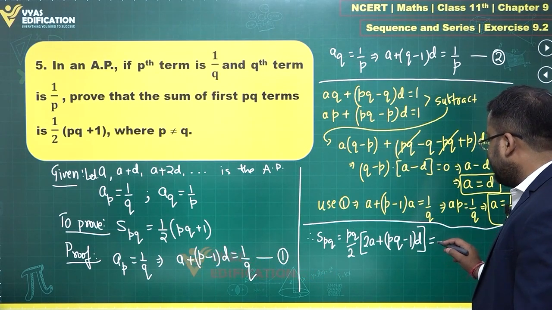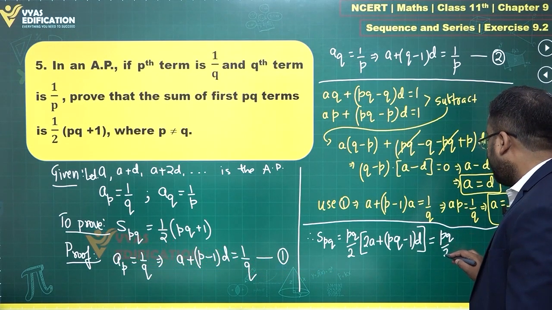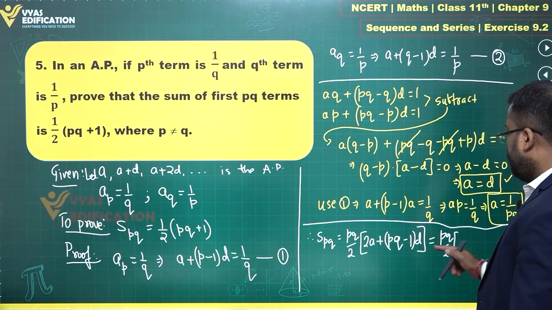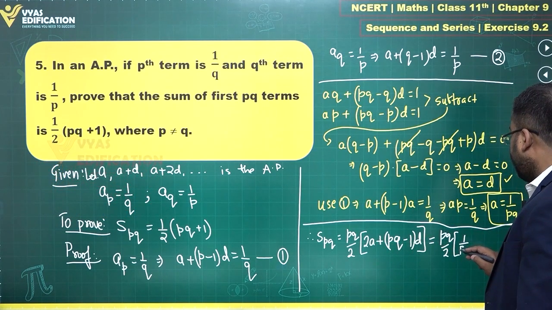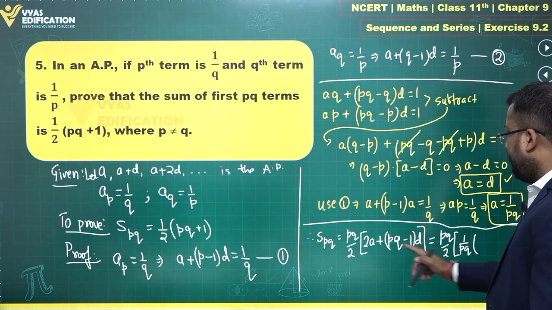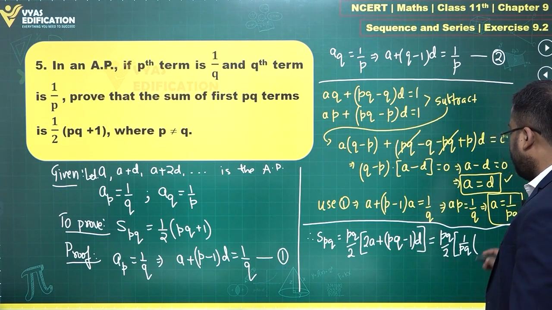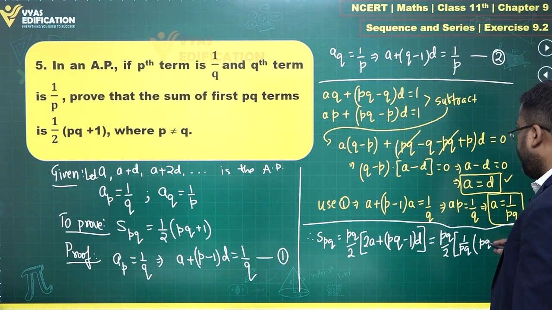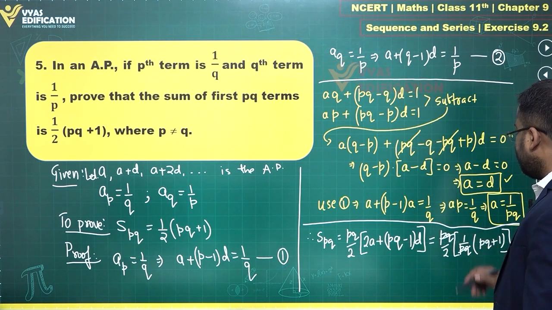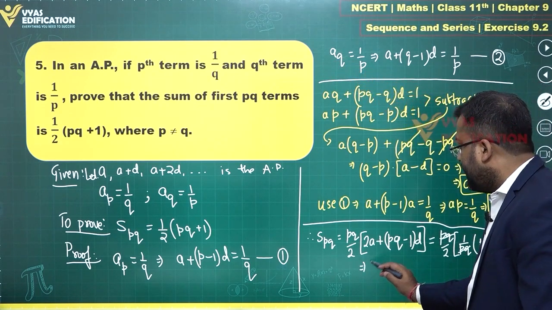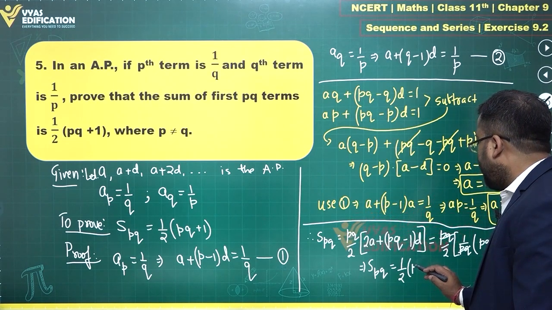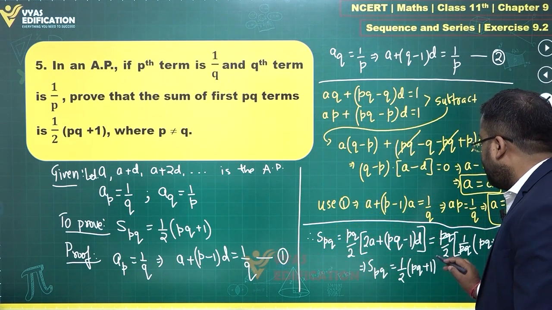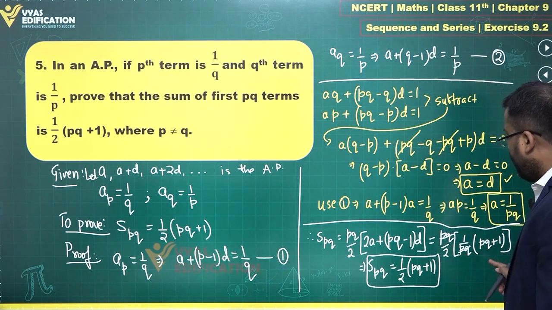So this is PQ upon 2, A and D can come out common, this will be 1 upon PQ, and in the bracket you will get 2 plus PQ minus 1. That is PQ plus 1 over here. This PQ gets cancelled with this, and what you get is SPQ is equal to 1 upon 2, and in the bracket you have PQ plus 1.